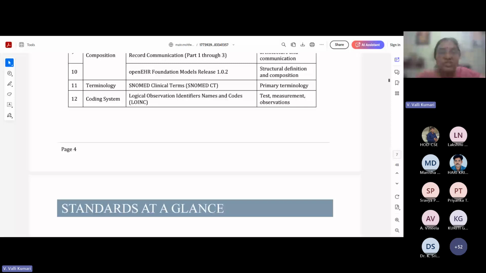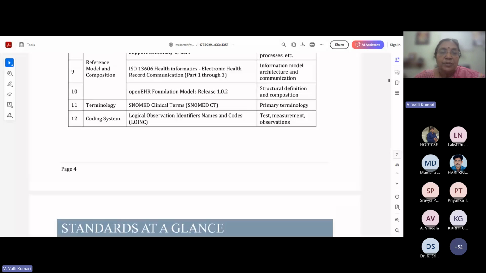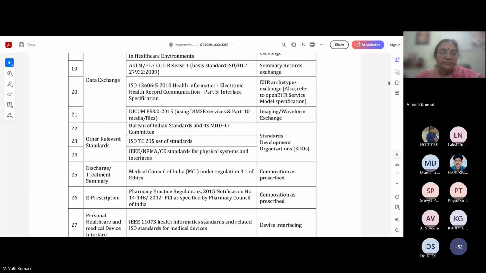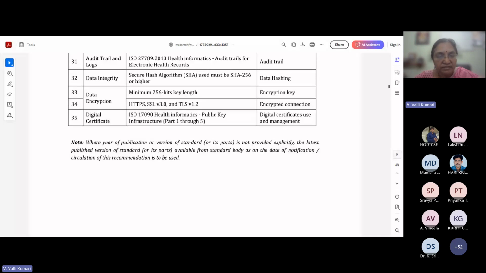And there is a coding system, Logical Observation Identifiers Names and Codes, LOINC. This is used for tests, measurements, and observations. Similarly, you have something called SNOMED and a lot of it. What I mean to say is they're all getting regularized. They're getting standardized.